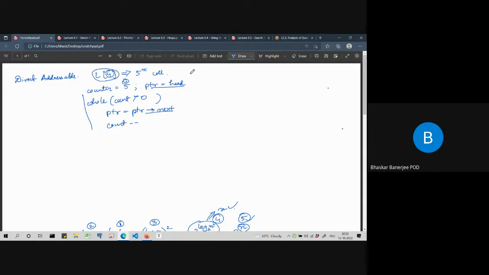Now what happens in binary search, if we discuss? In binary search, we actually see the middle element. If a of mid is equal to the key element, then you simply return the position where you got it, so you return mid. If it is not, then you check if a of mid is greater than key.